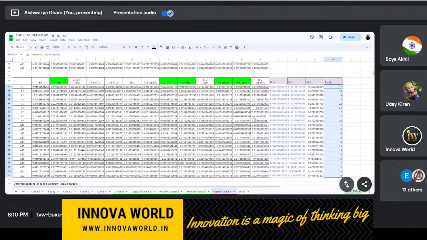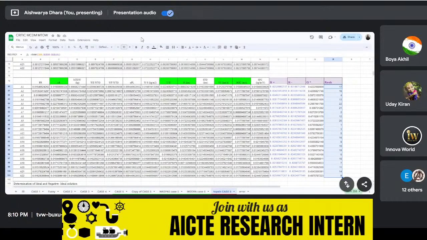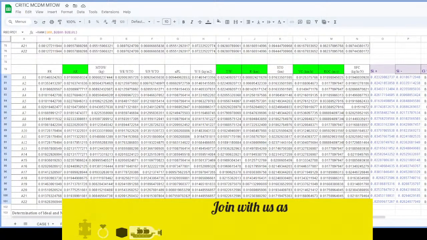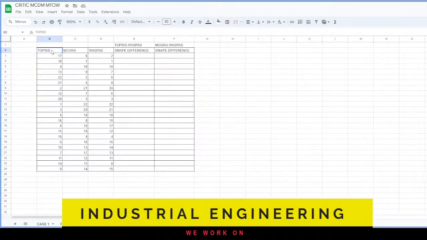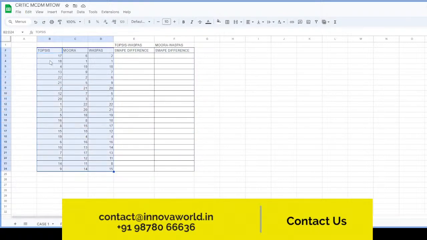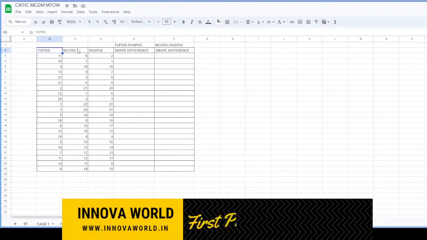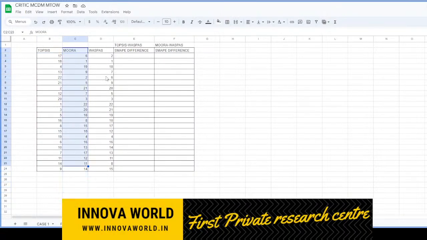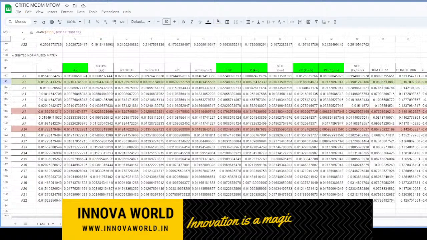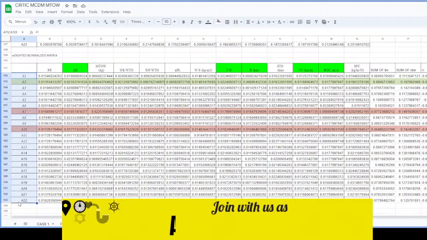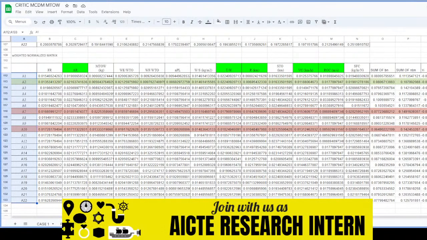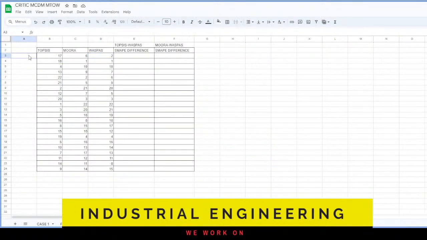Today I'm going to show you, as I have already uploaded here, the rank. You can see here the ranks of the previous methods, the TOPSIS method, the MURA method, and WASPAS, and these are my alternatives, right?